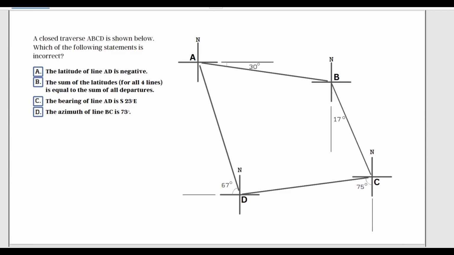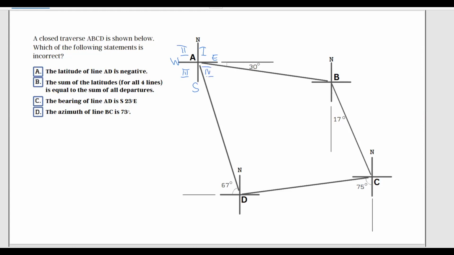We have line AD over here, and if this is north, this would be south, west, east. And now we have line AD in the 4th quadrant. This is the 1st, this is 2nd, this is 3rd, and this is the 4th quadrant.